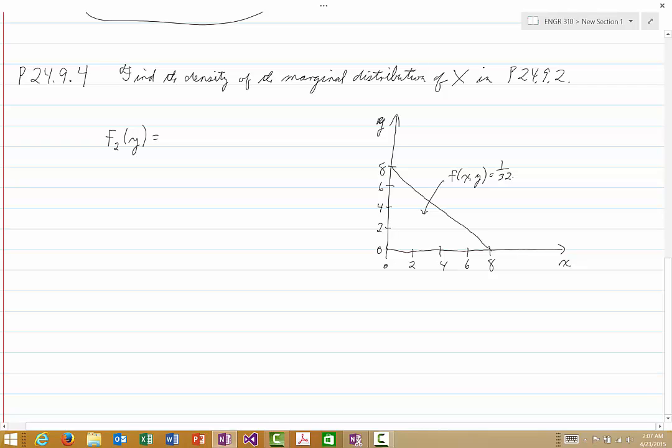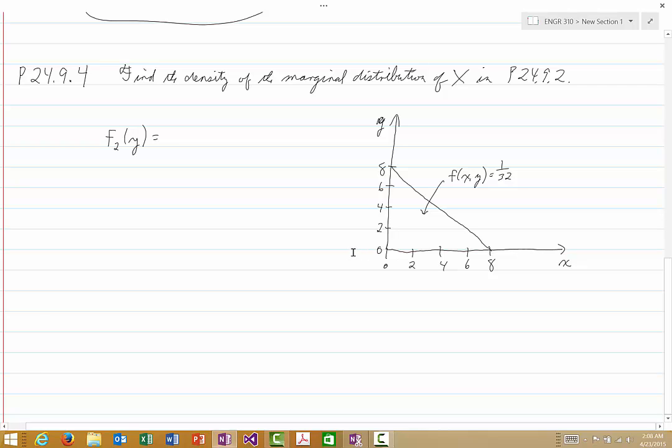Now, how do we find this marginal distribution of x? Well, we choose an arbitrary x. We don't want to make it a particular value, just some arbitrary x that can be anything here between 0 and 8. In fact, anything outside of 0 to 8, the marginal distribution is going to be 0.